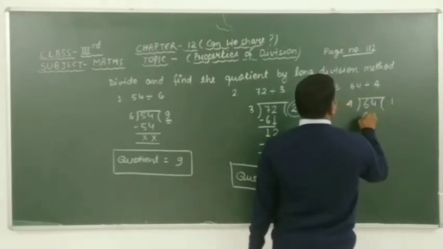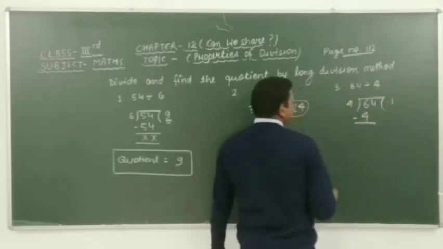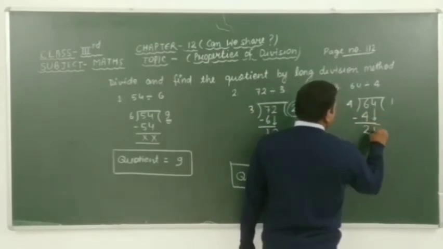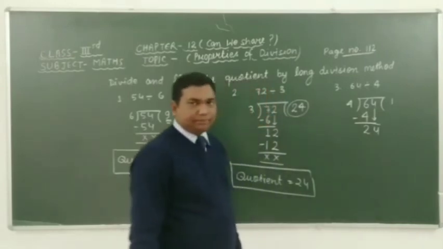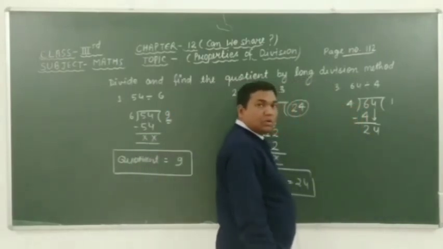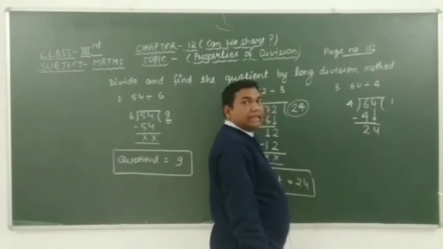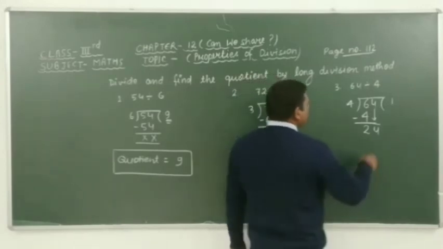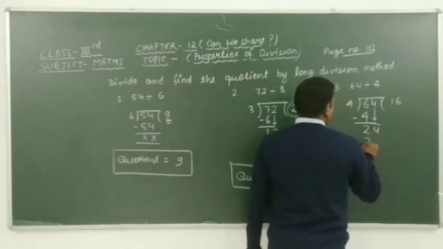4 ones are 4. After subtracting this we get 6 minus 4 is 2, and here we bring down 4 as the same. Okay students, recall the table of 4: 4 ones are 4, 4 twos are 8, 4 threes are 12, 4 fours are 16, 4 fives are 20, and 4 sixes are 24.